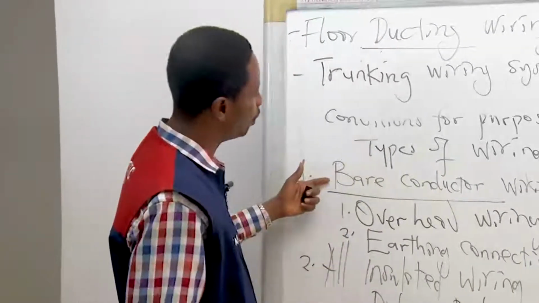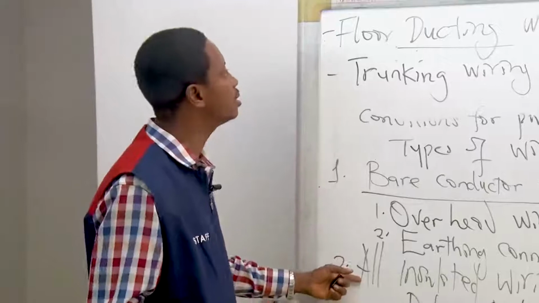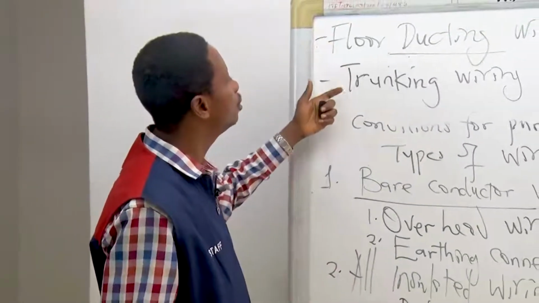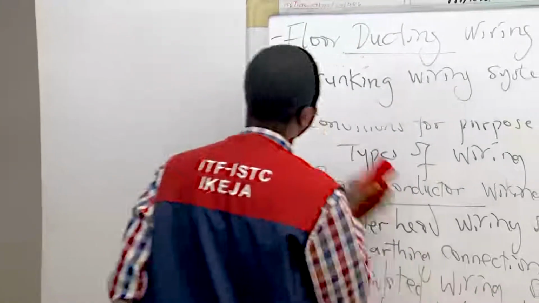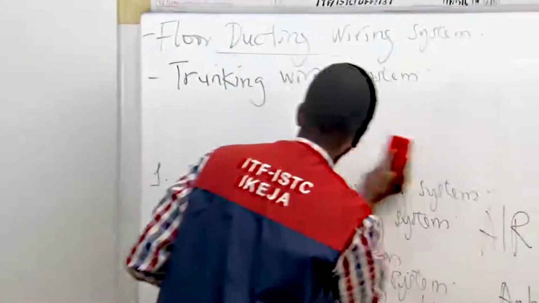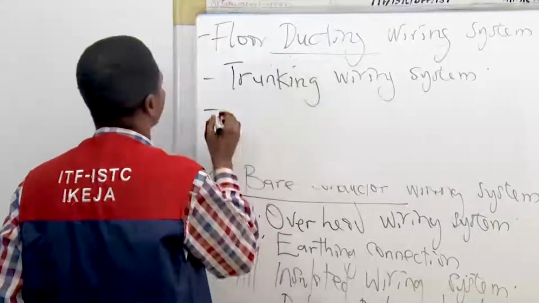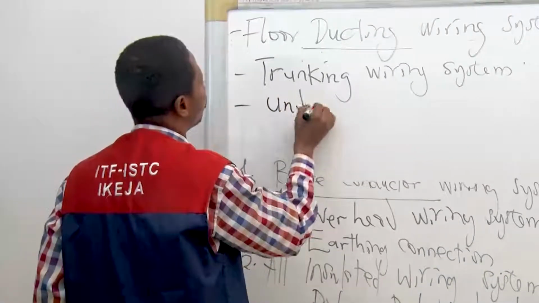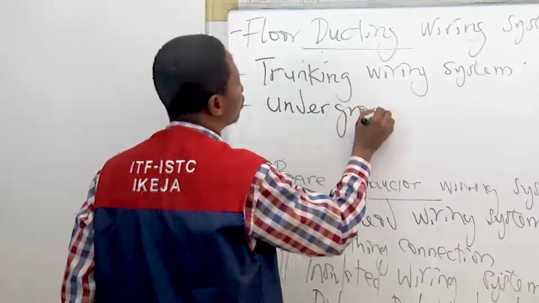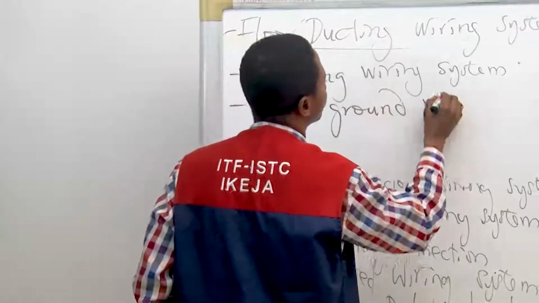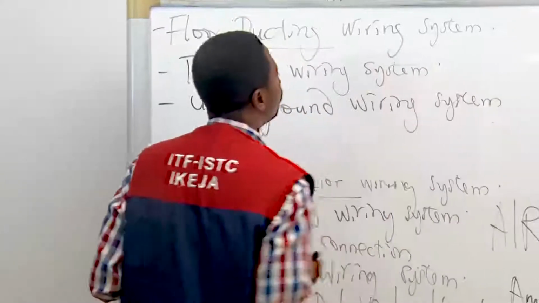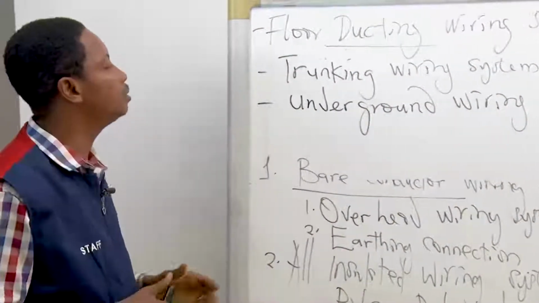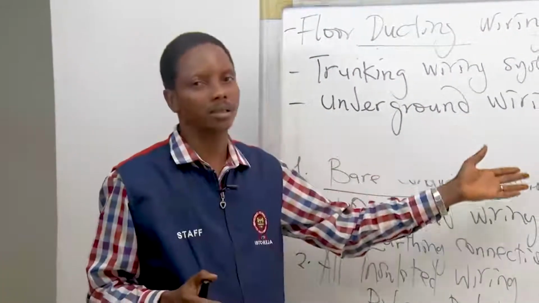So I've talked about bare conductor, all insulated, floor ducting, trunking, and then we also have what we call underground wiring system.